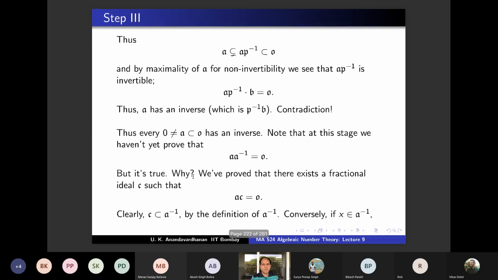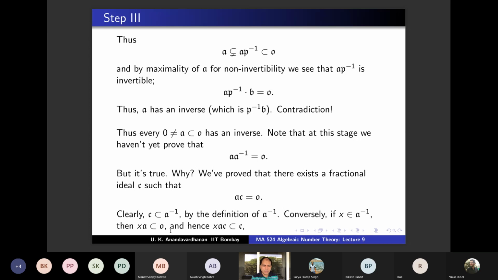Conversely, if X belongs to A inverse, then I have to show that X belongs to C, but that's easy. Because if X belongs to A inverse, then X times A is contained in O by the definition of A inverse.